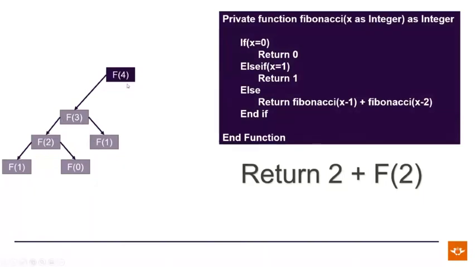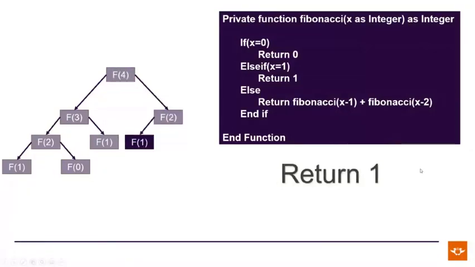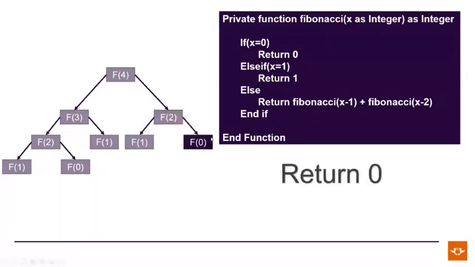So now we need to work out Fibonacci of 2, because that's the one we haven't done yet. Fibonacci of 2 gives us f of 1 and f of 0. So f of 1 returns 1, f of 0 returns 0. So 1 plus 0 is 1. So we have 2 plus what?